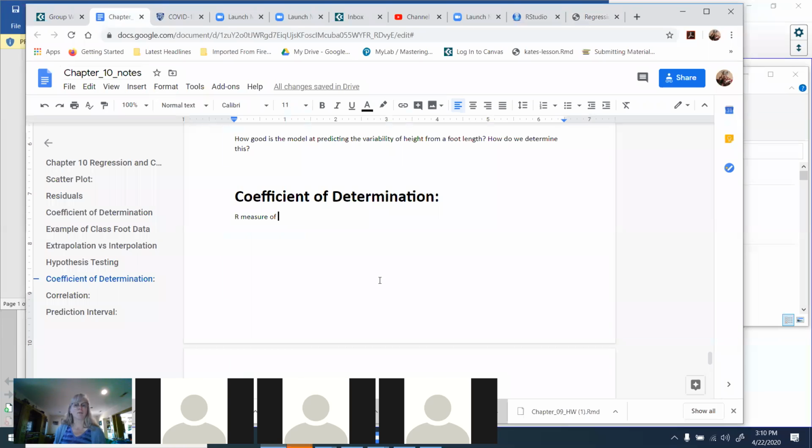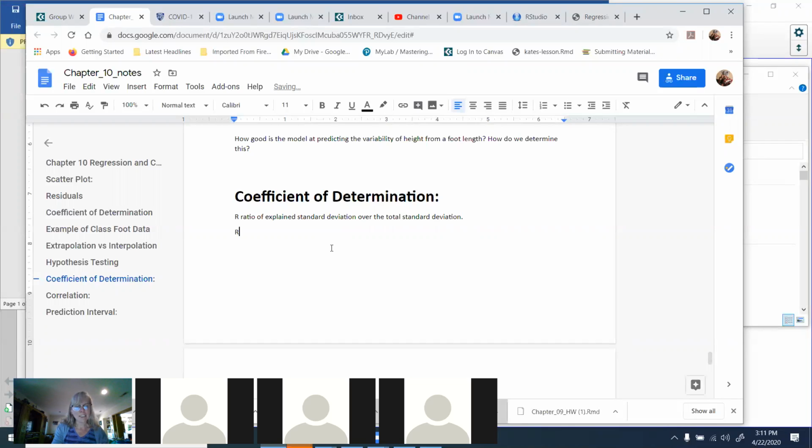So when we talk about the coefficient of determination, R is the ratio of the explained variability, and because this is actually what R is, not just variability but standard deviation, over the total standard deviation.